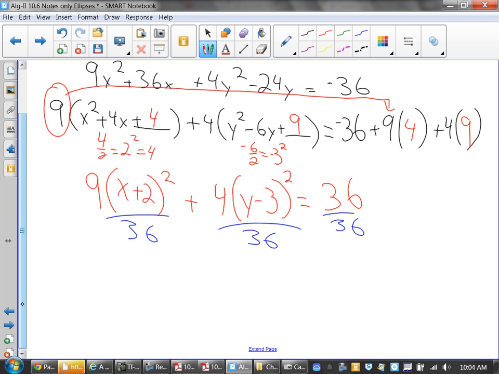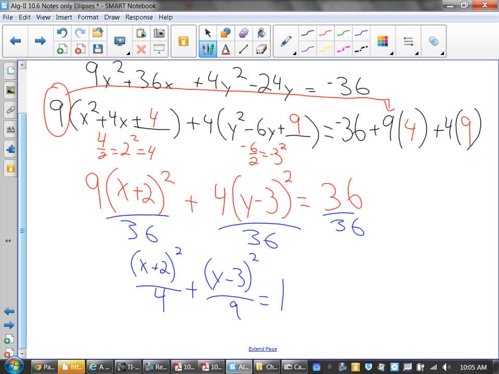And then simplify. What's 9 over 36? And then 4 over 36. It's not as painful as it looked, is it?